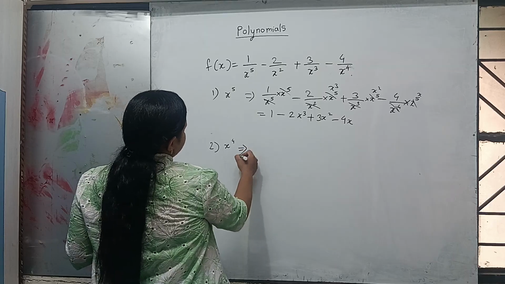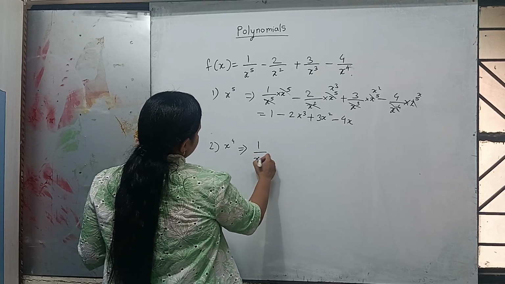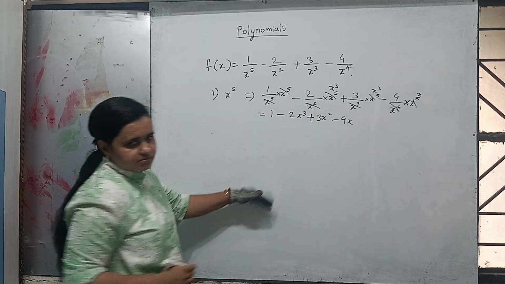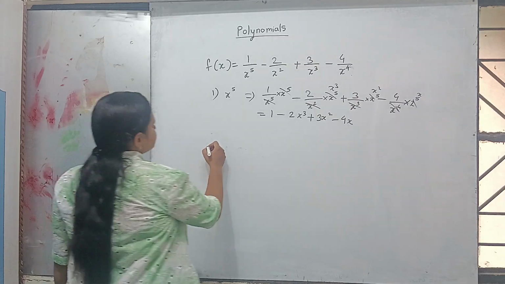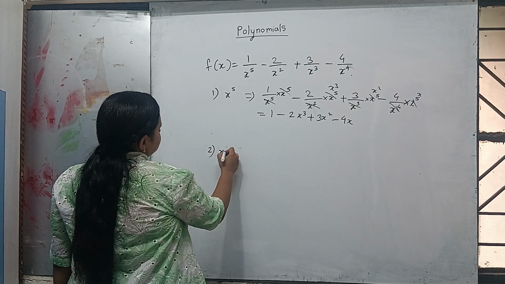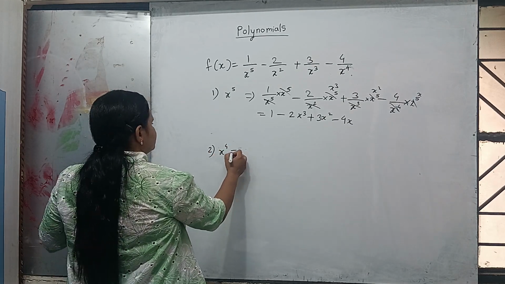If we multiply this term, the second option is x to the power 4.